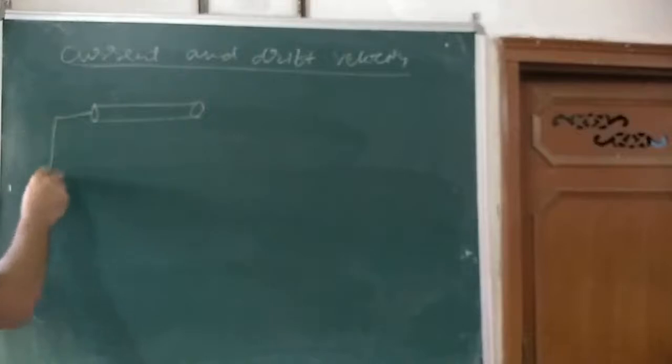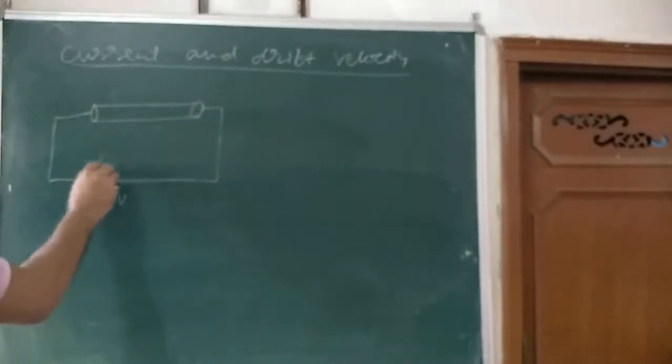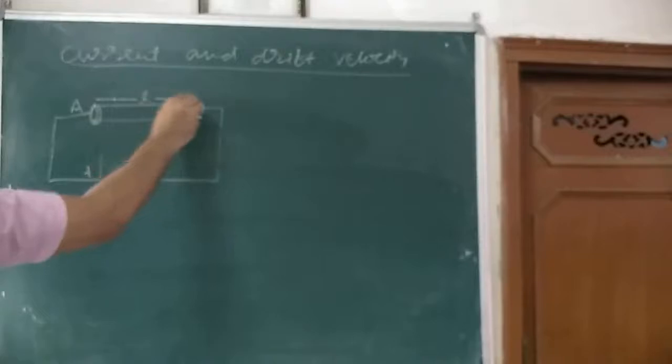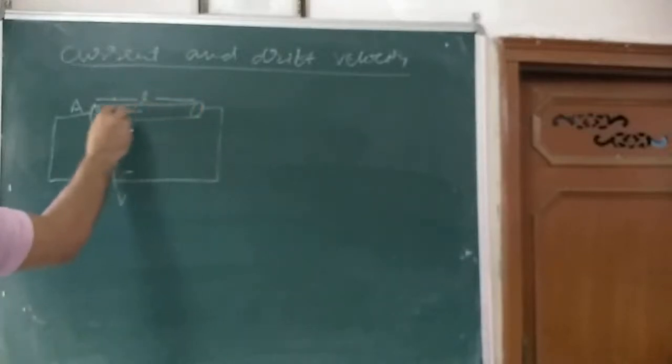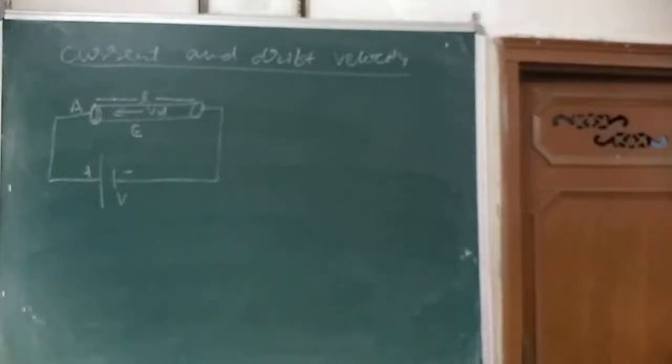Suppose here is a conductor connected to an applied potential V. Here the area of cross section of this conductor is A. The length of the conductor is L. The drift velocity here is Vd. Applied electric field is E. So these are the things here you can see.